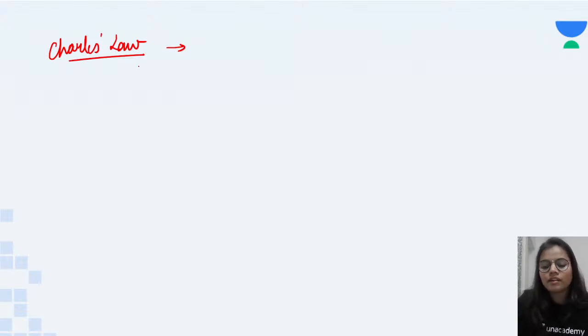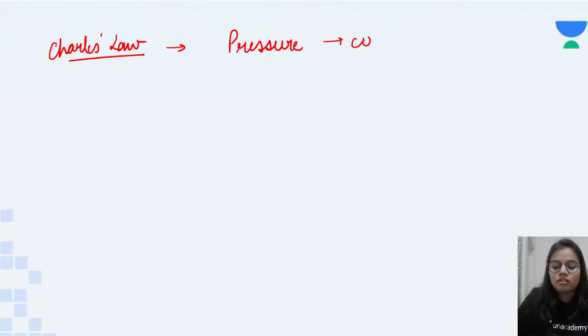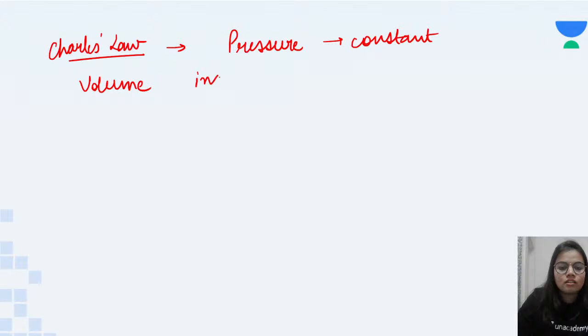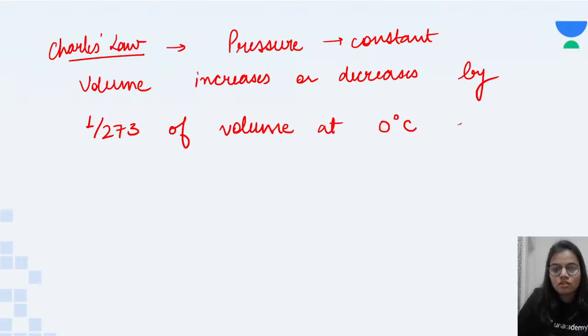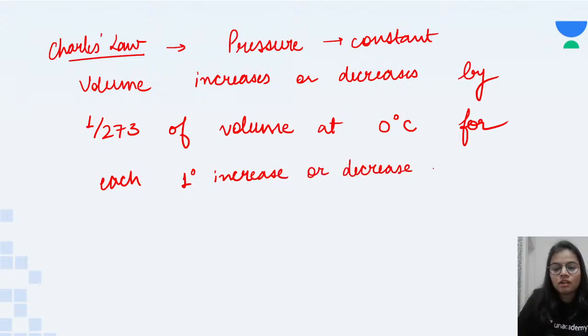Charles' law stated that if pressure is constant, then the volume of a given mass of dry gas increases or decreases by 1/273 of its volume at 0 degrees Celsius for each 1 degree increase or decrease in temperature.